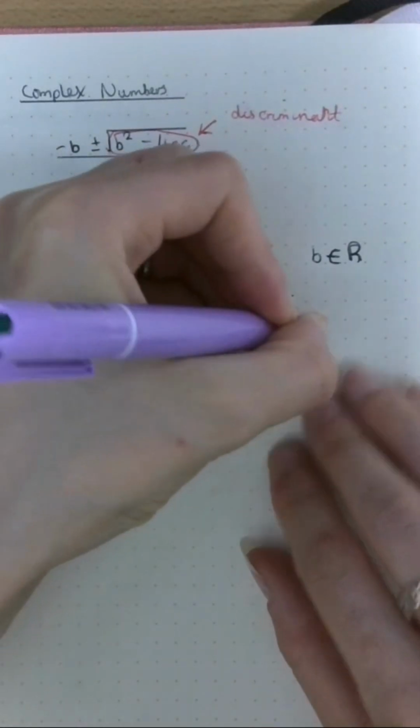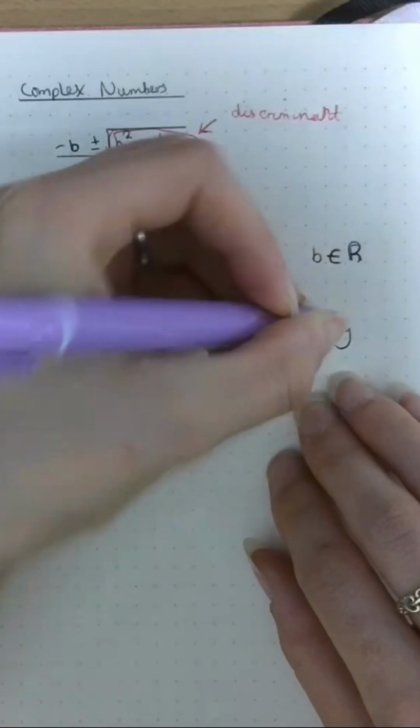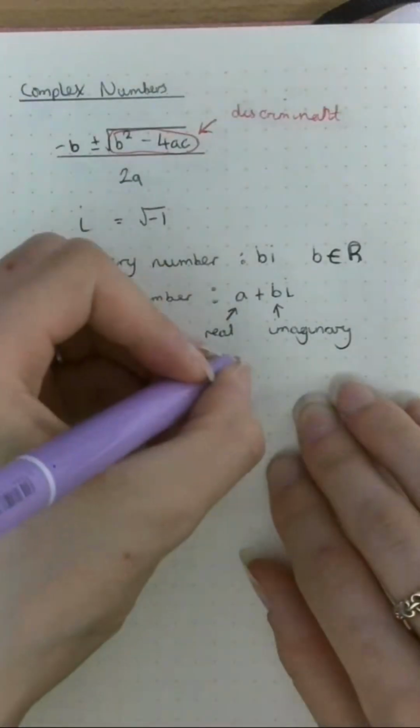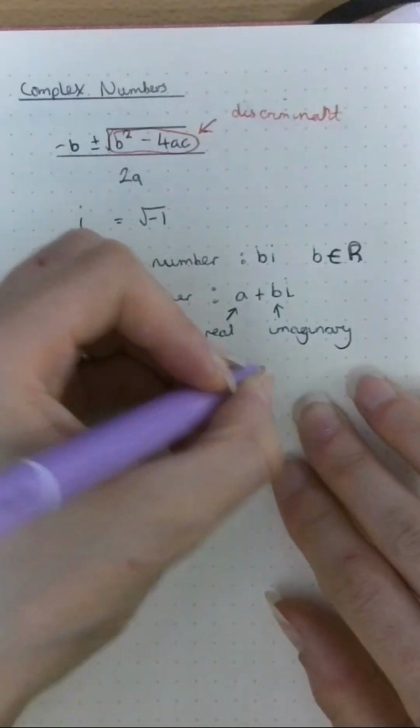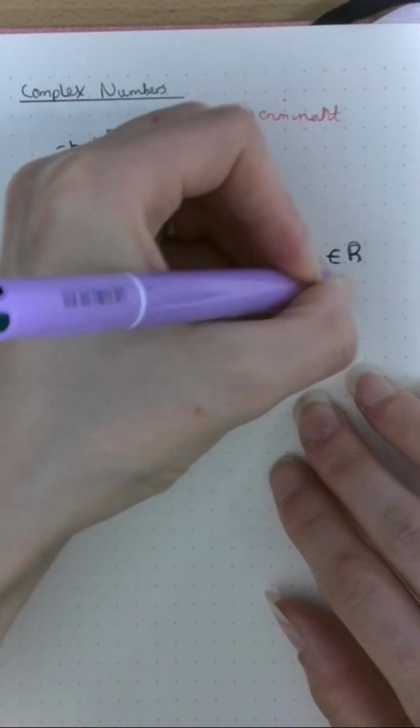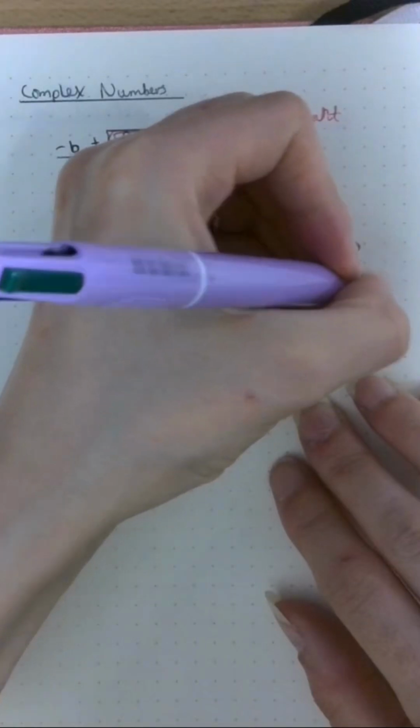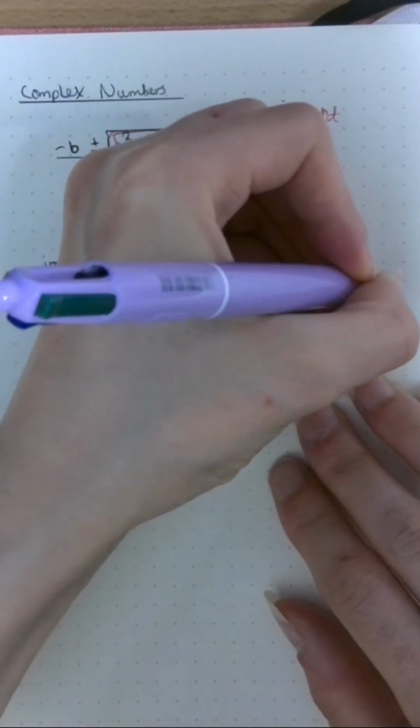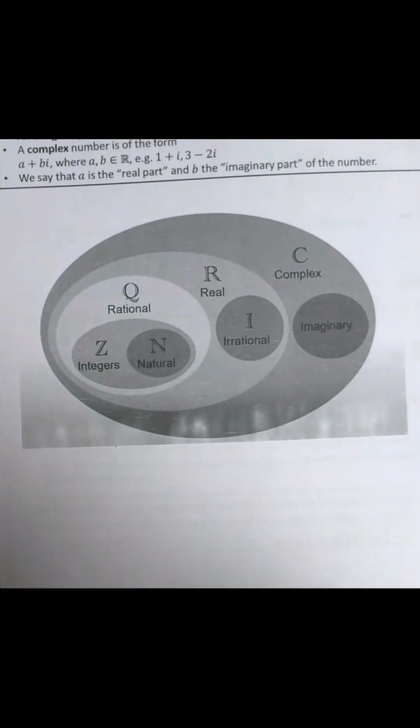So complex numbers have both real and imaginary parts, where both a and b are just, again, any real number. And we'll talk about what exactly we mean by real numbers in a moment.